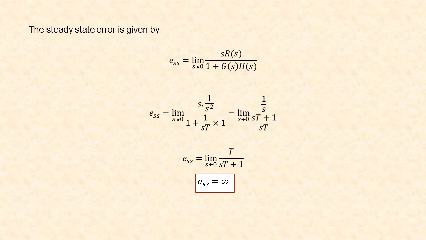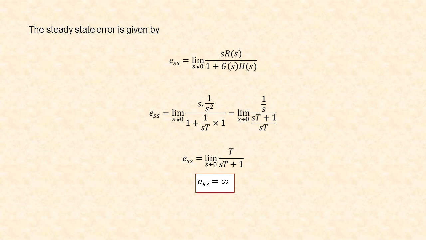The steady state error is given by the formula ESS is equal to limit s tending to 0 s into R of s divided by 1 plus G of s into H of s. They have given R of s, that is the input, as unit ramp, which is equal to 1 by s square, and G of s is equal to 1 by s into T. It is a unity feedback system, so H of s is equal to 1.